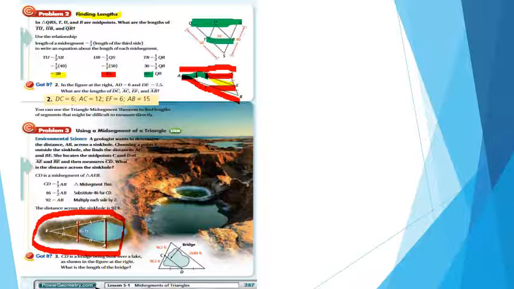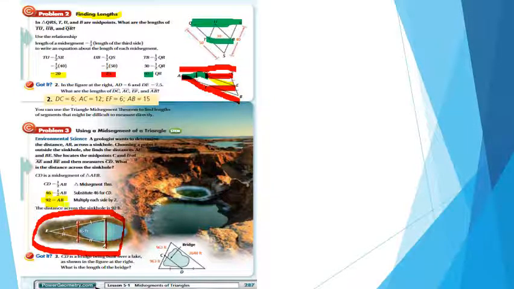Because by the theorem, this midsegment is half of this. So if I have this one, can I find the big one? Of course, yes. How? Double it. If they said that CD is 46, then to find AB, you will double 46. So you will multiply 46 times 2 to get the answer, 92.